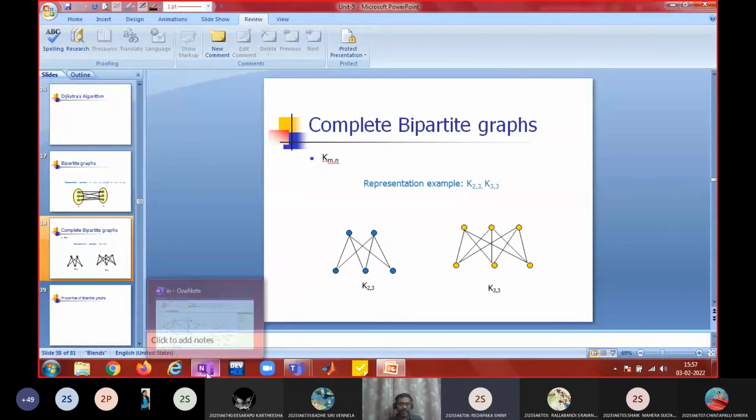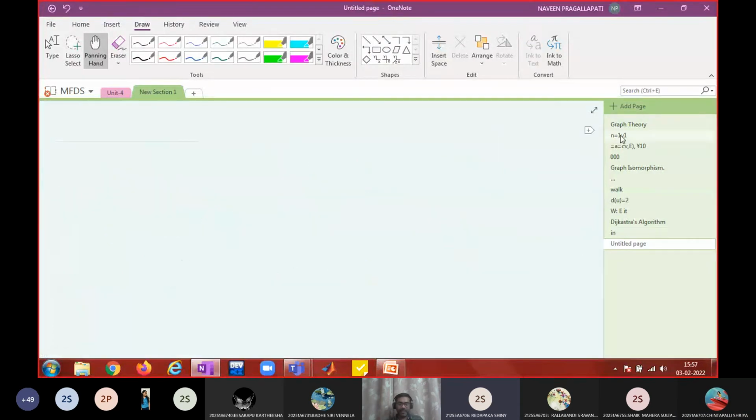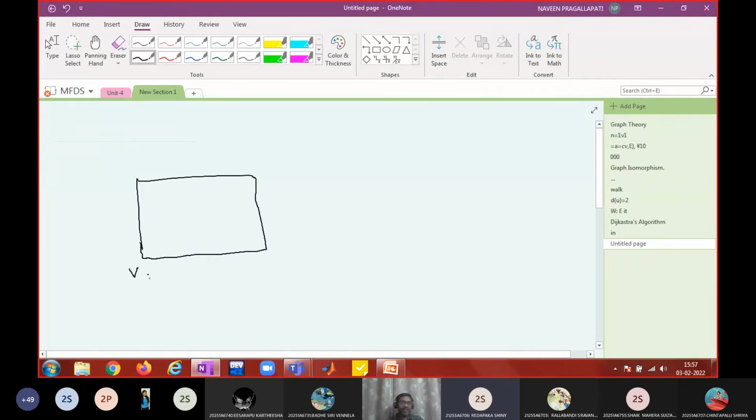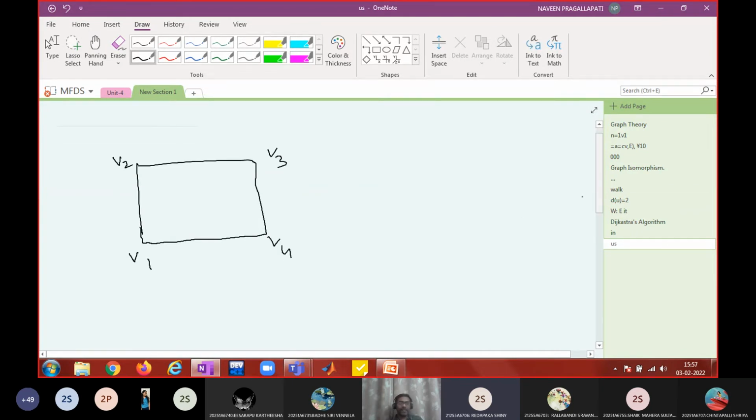See, let me draw one graph. Let me show you. Let me draw a graph like this. Let us say V1, V2, V3, V4. So what is your vertex set? V1, V2, V3, V4. Am I right? What are edges?